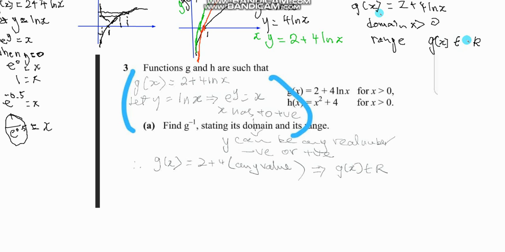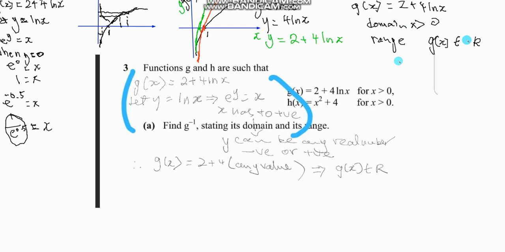If you can find the inverse function, it means it's a one-to-one function. If it is a one-to-one function, then the domain of the inverse function will take on the range of the function, and the range of the inverse function will take on the domain of the original function, which is g(x).